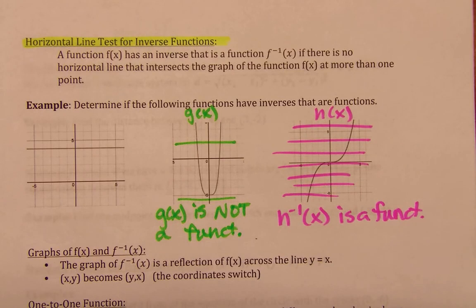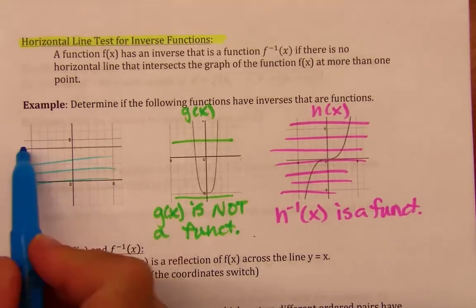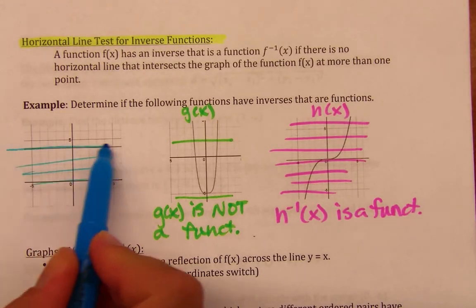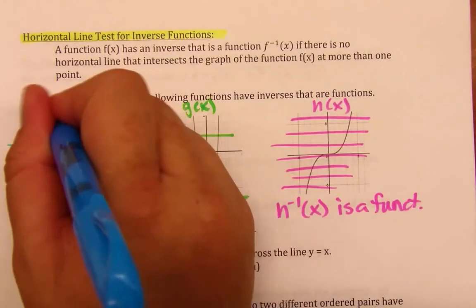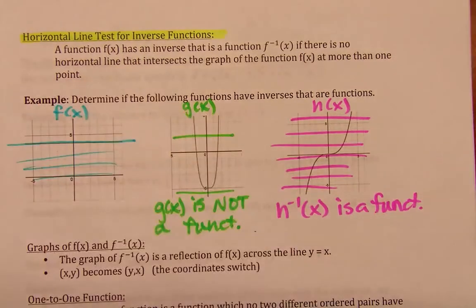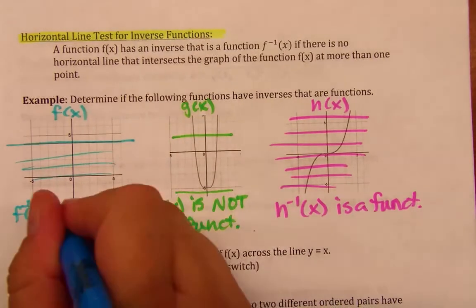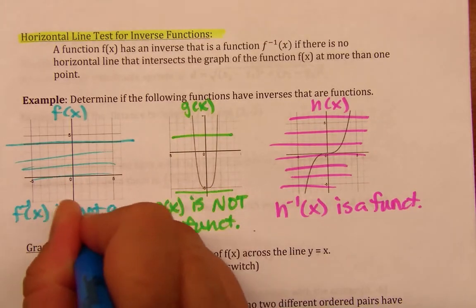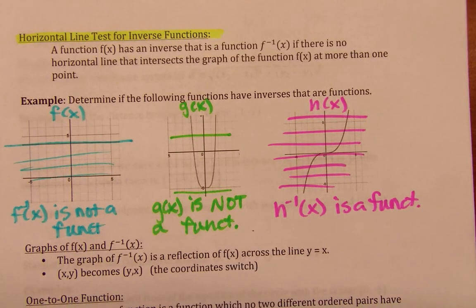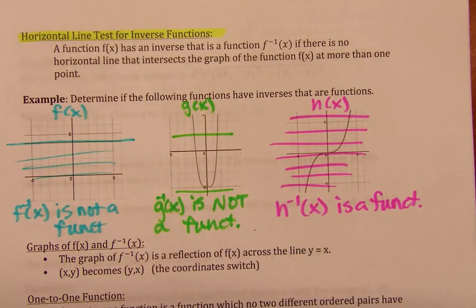And then going back to this first one, even though there are some lines that work, those are all okay. This single line right here hits at every point. So obviously right away we'll call this f of x. And that means inverse f of x is not a function. And actually I should have written here for g of x that inverse g of x is not a function.